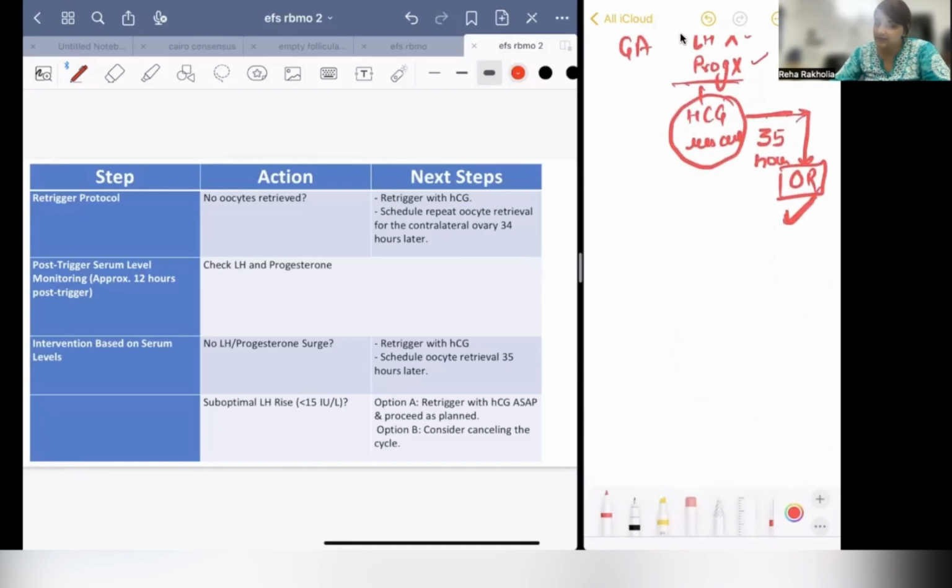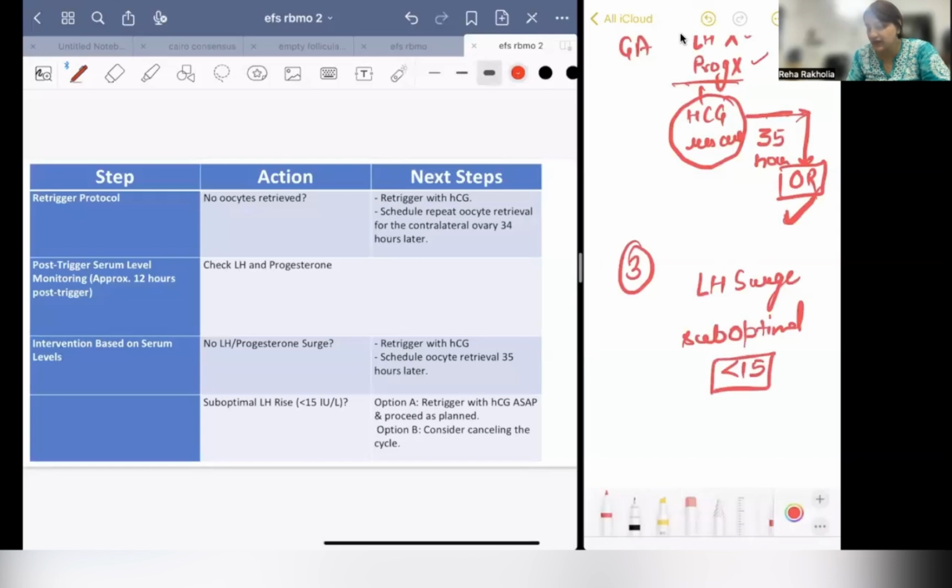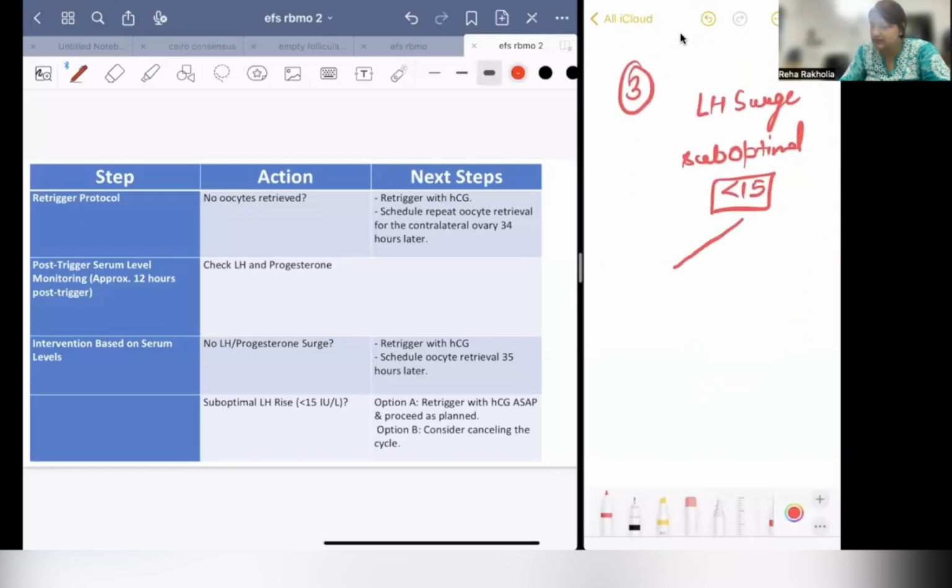Okay. Then the third scenario is if there is an LH surge but suboptimal, meaning there is an increase but less than 15. So we have two options here. Either we can retrigger with HCG as soon as possible and plan it with the GnRH agonist trigger.